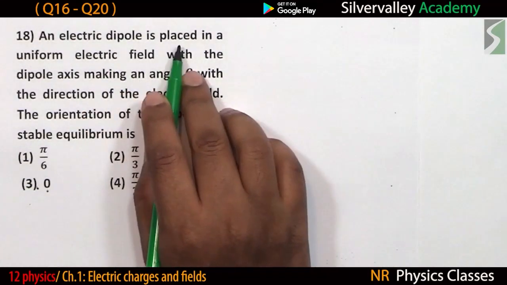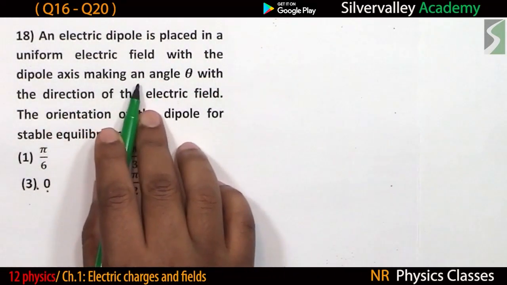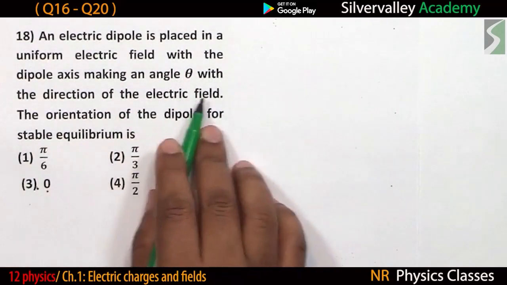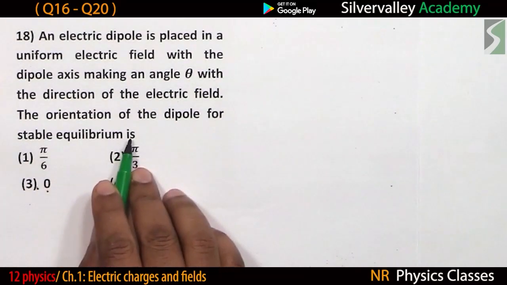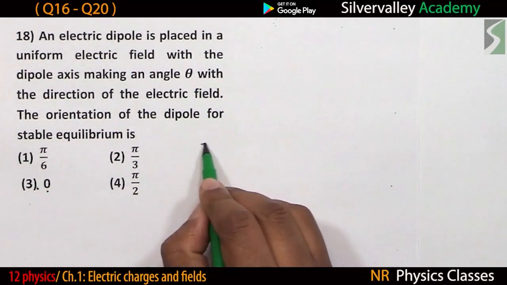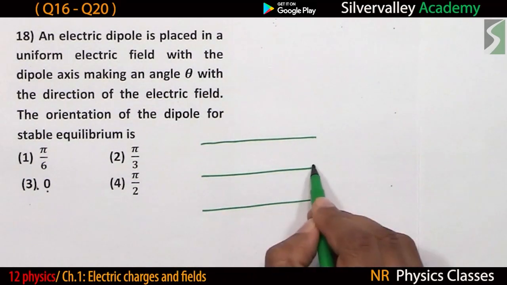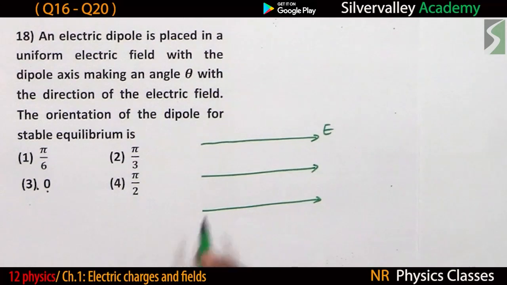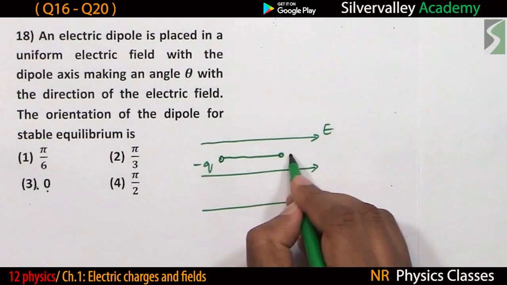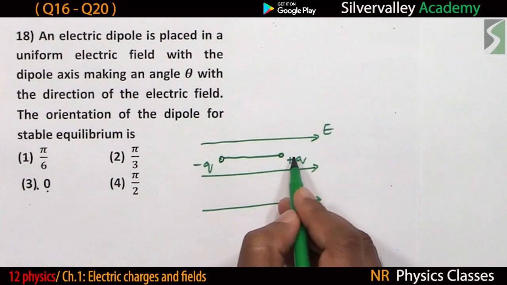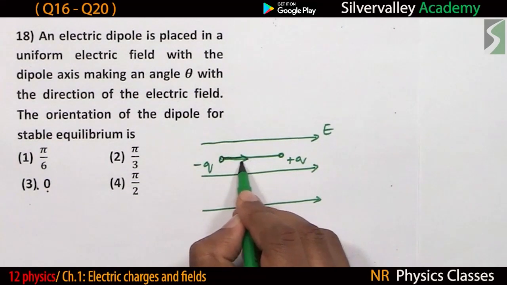An electric dipole is placed in a uniform electric field with the dipole axis making an angle theta with the direction of the electric field. Fine. The orientation of the dipole for stable equilibrium. This is the applied uniform electric field, minus Q, plus Q. So the direction of the dipole moment is from minus Q to plus Q along the line joining the charges.